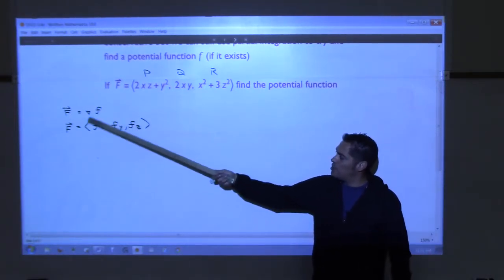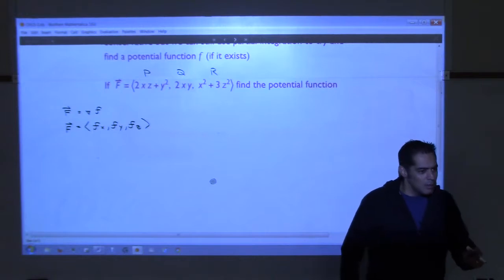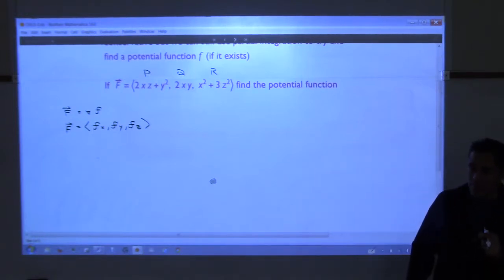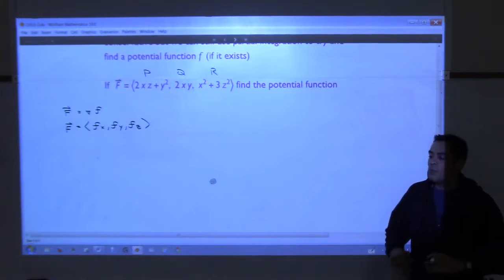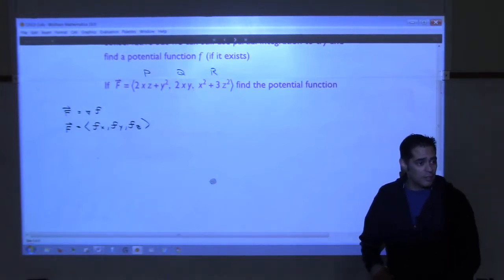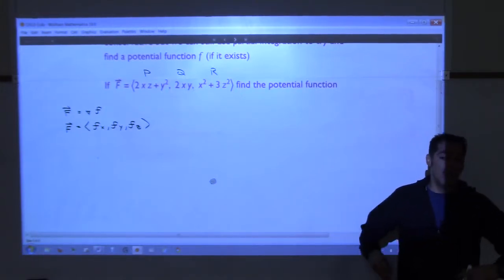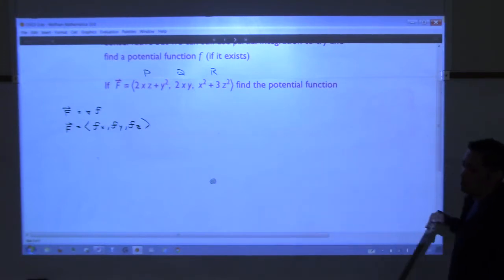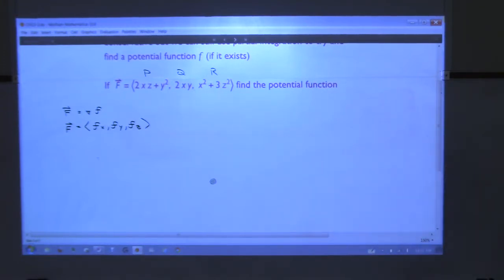How do I know that this is true? We don't. It's because I'm telling you it is. This is important, because you have to understand we are stepping over that hurdle. You're trusting me that this is conservative. If it is, then this is what would be true. You would never want to do this if you don't know it's conservative, because you might be wasting a lot of time and energy.